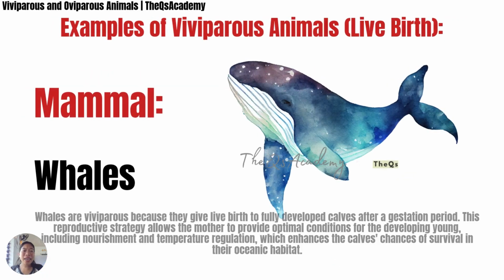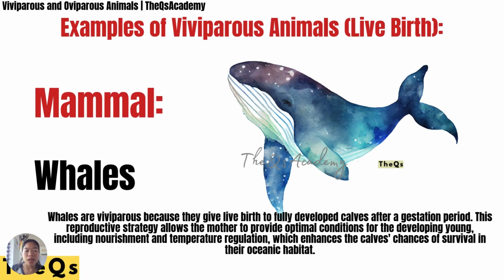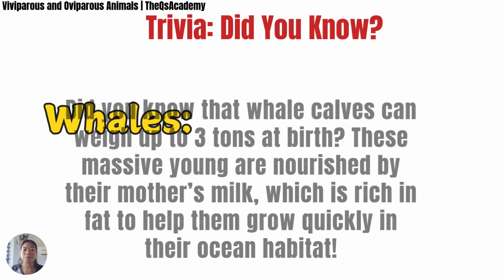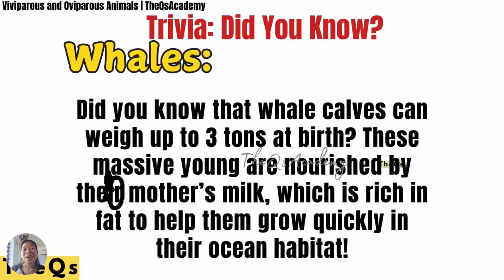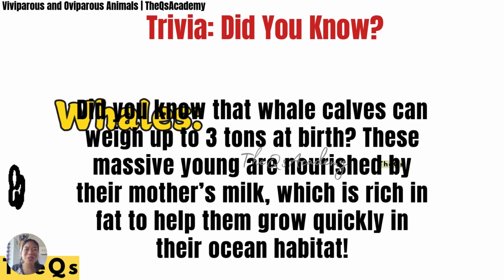And whales. Whales are viviparous. They give live birth to fully developed calves after a gestation period. So the same with the dolphins, whales also are viviparous. Oh, we have another trivia.